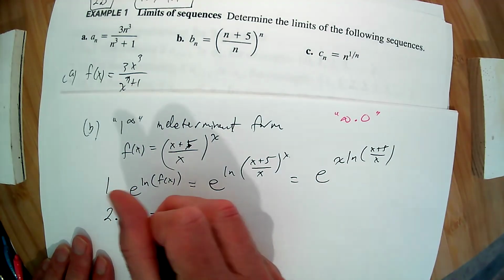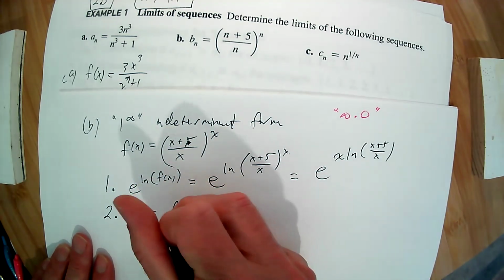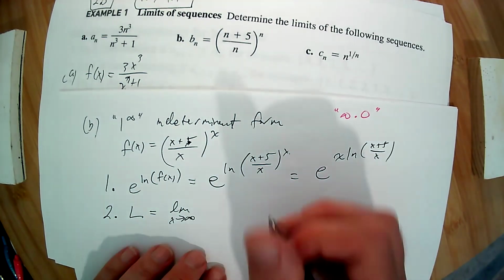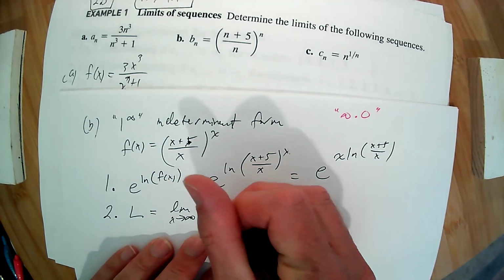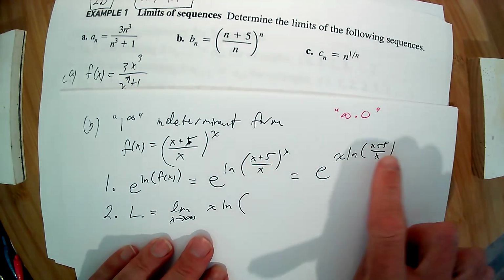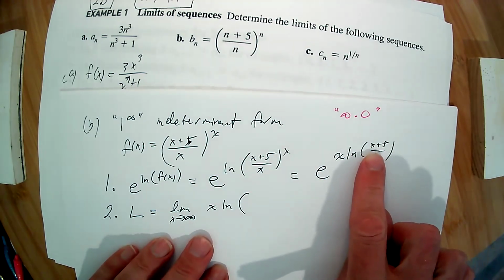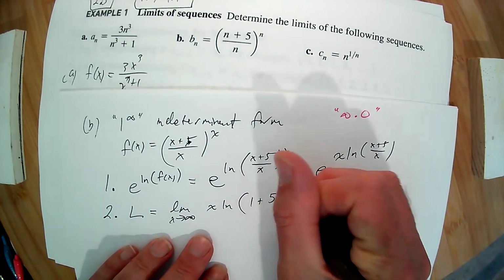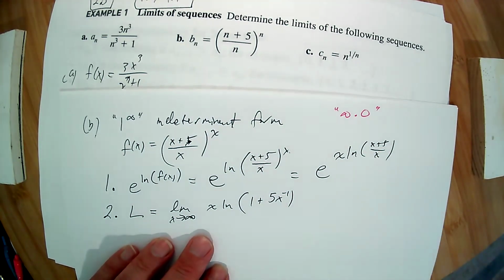So I'm going to compute the limit as x goes to infinity of x times the natural log of, and I'm actually going to take the inside piece here and rewrite this as 1 plus 5x to the minus 1. So I just split that up, okay?